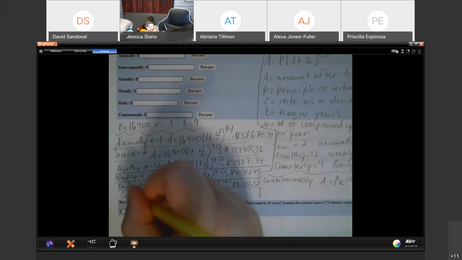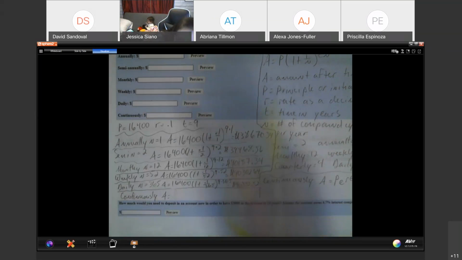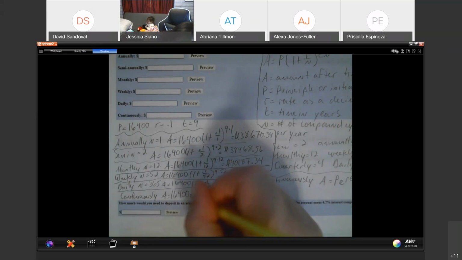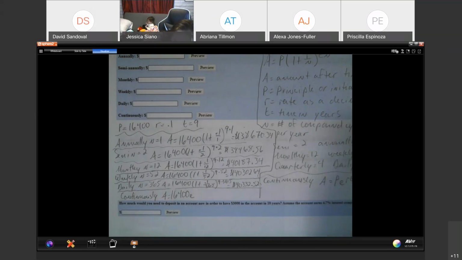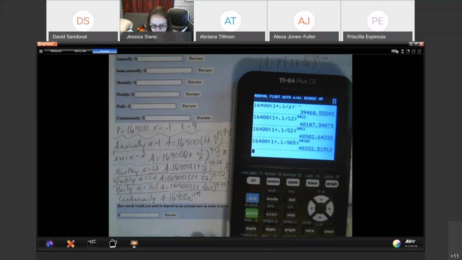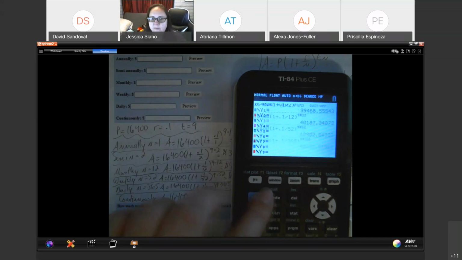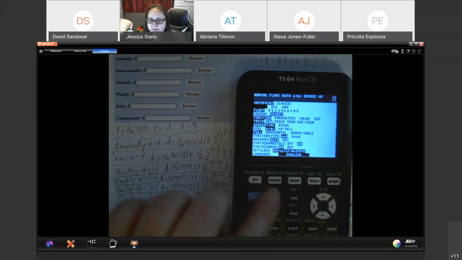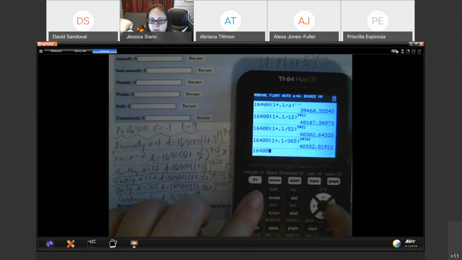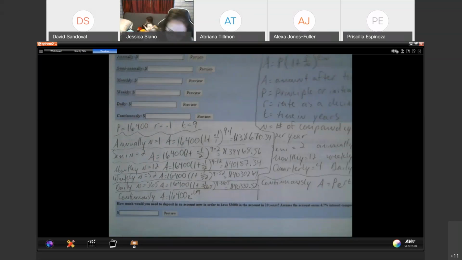And then continuously would be A equals P e to the rt, so 16,400 times e to the 0.1 times 9. That gives $337.49.